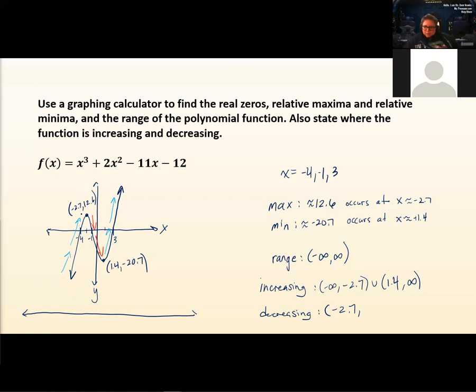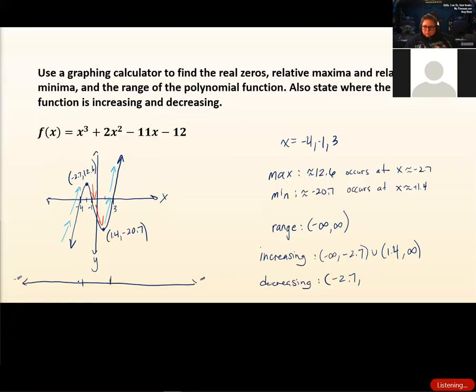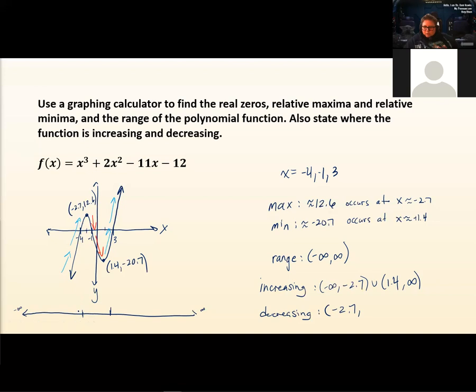So if we bring this down and we treat this as negative infinity and positive infinity, let's bring down the maximums and minimums, the x values. So this is negative 2.7. And what's the x value of this maximum, or minimum, I should say, sorry.